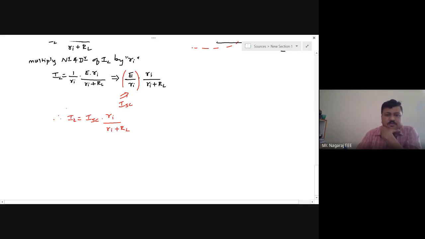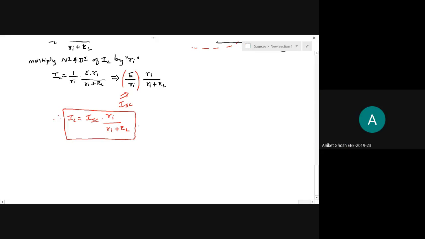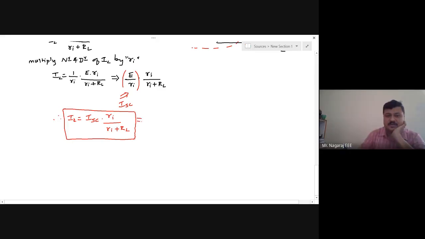Now if you observe this equation, what type of current equation do you remember? There is one current which is equal to some current multiplied by a ratio of resistances. Branch current. Yes, exactly. This is the current divider equation, or branch current equation, yes or no?